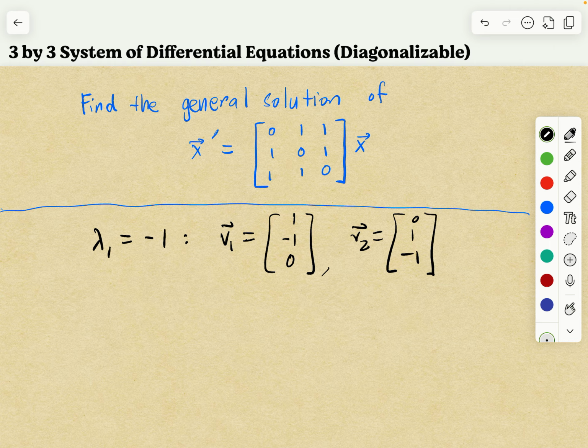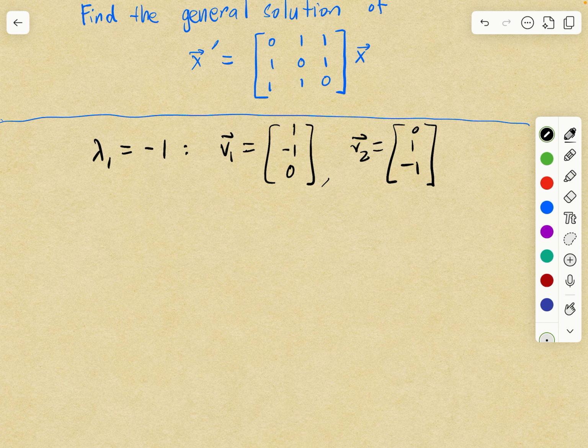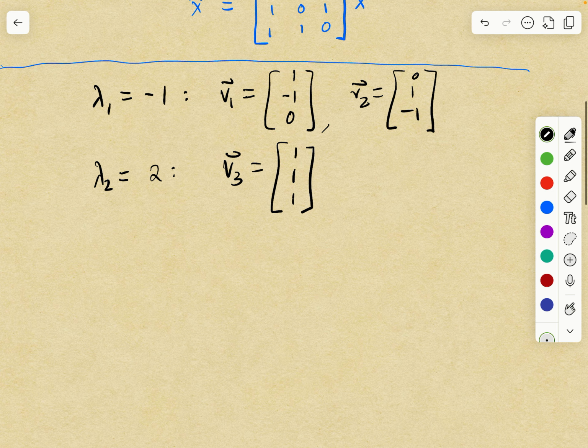Again, there are lots of choices for independent eigenvectors, but this is an easy choice. And then for the other eigenvalue, which is 2, I found one eigenvector, which is (1, 1, 1). In that video, I went over the calculation of how to find this. So once we have this, we can find the general solution.